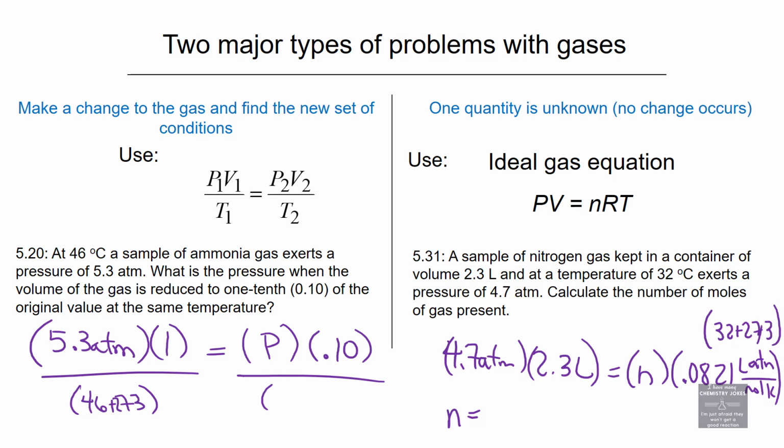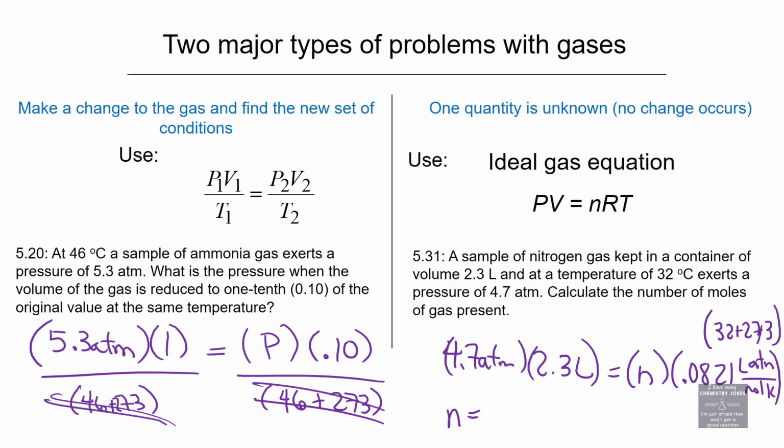The truth is the temperature doesn't change. So we could shortcut and leave the temperature completely out of that equation and use it as a Charles equation instead. Nope, a Boyle's equation instead. But you can put it in there. It's just dividing by the same number on each side and solve for P.